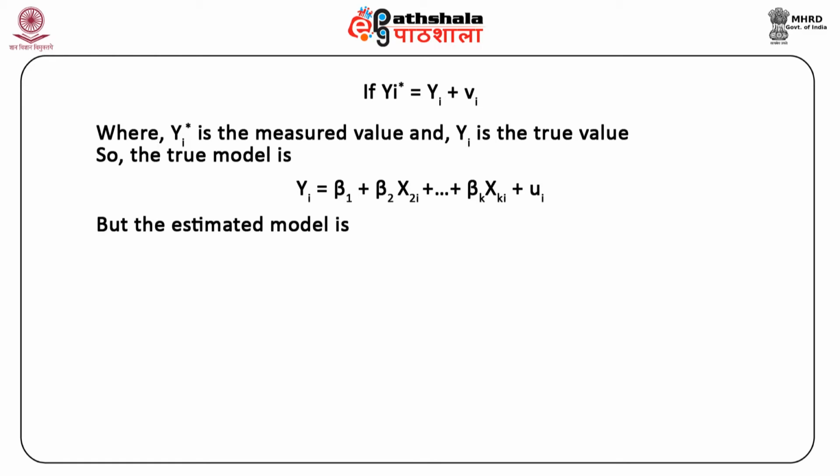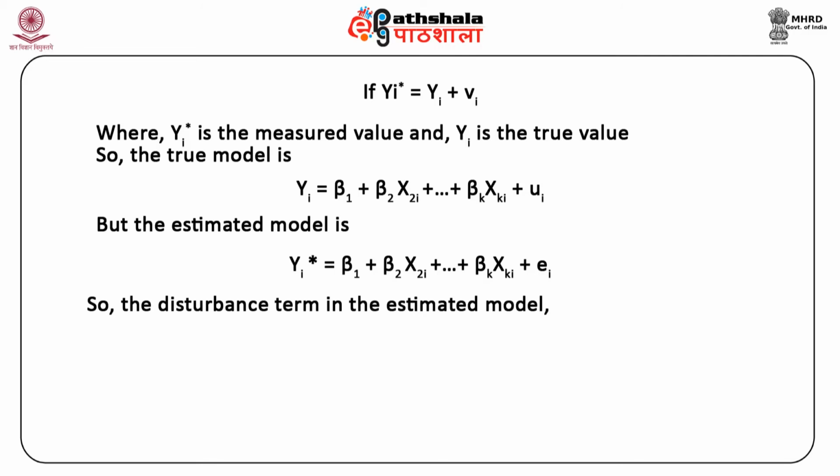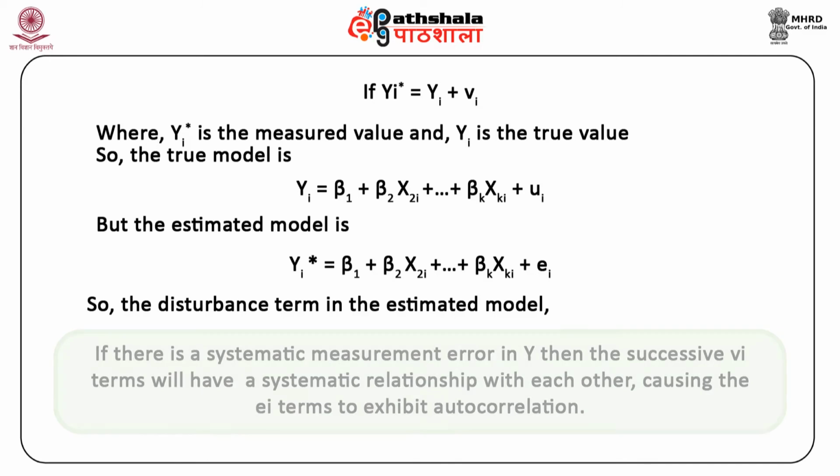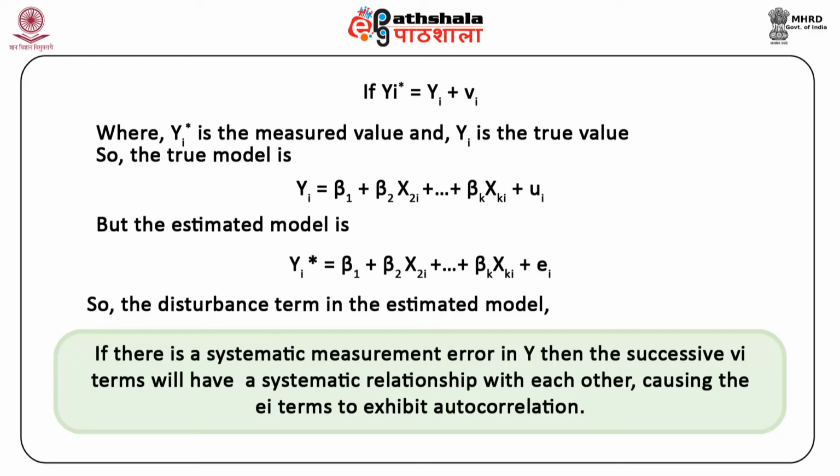But the estimated model is y_i* = β1 + β2 x_{2i} + ... + βk x_{ki} + e_i. So the disturbance term in the estimated model is e_i = u_i + v_i. If there is a systematic measurement error in y, then the successive v_i terms will have a systematic relationship with each other, causing the e_i terms to exhibit autocorrelation.